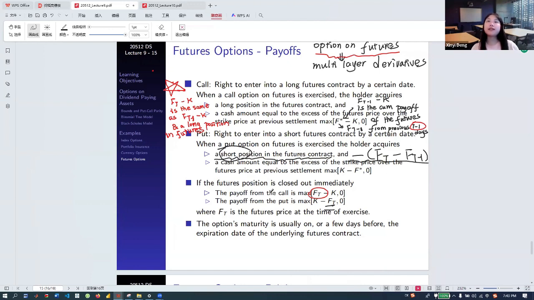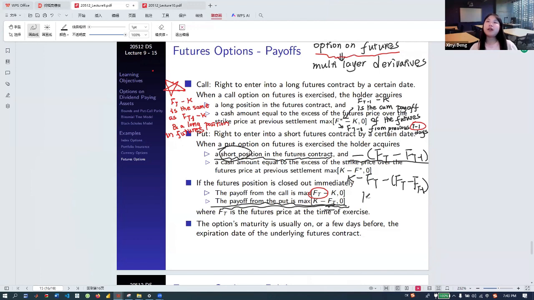But recall that if the futures option is closed out immediately, what you receive is this amount. So you have to make up the difference between K minus FT and FT-1. So you'll also receive some additional cash, and that additional cash is the difference: K minus FT, minus open bracket, minus (FT minus FT-1), close bracket.